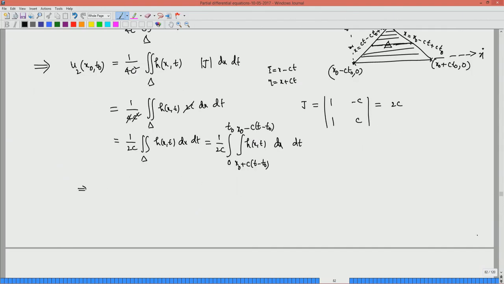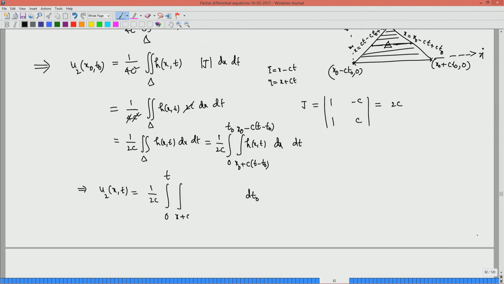So, now you can change the dummy variables; x naught and t naught you can write as x and t, so that your dummy variables x and t you can replace with something else. So, you have 1 by 2c, 0 to t, t I am replacing with t naught, and t naught I am replacing with t, okay. So, x naught I replace with x.